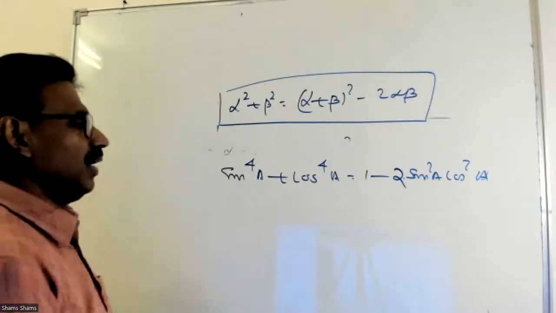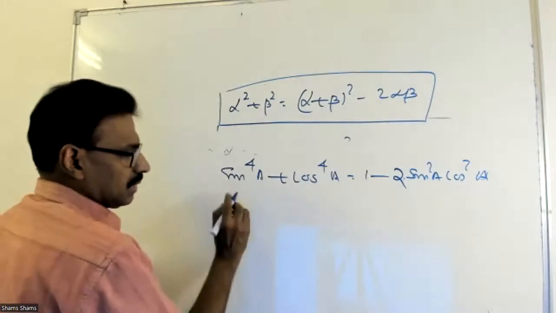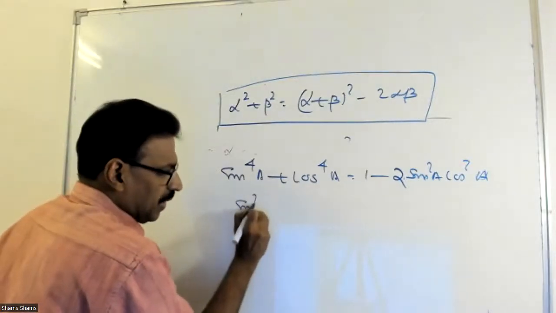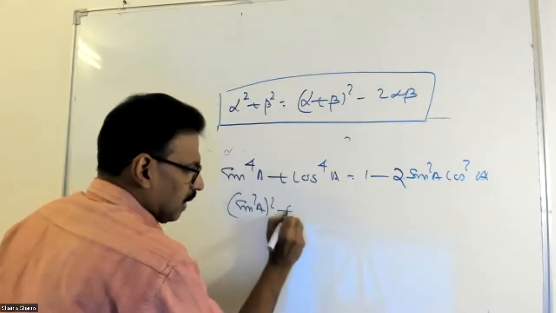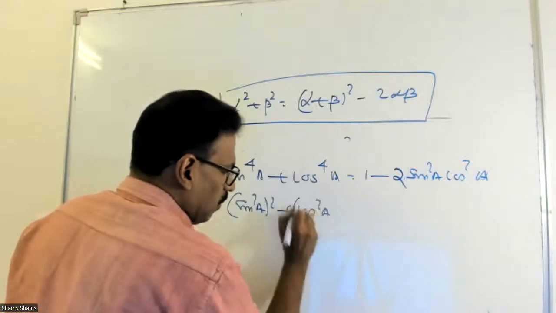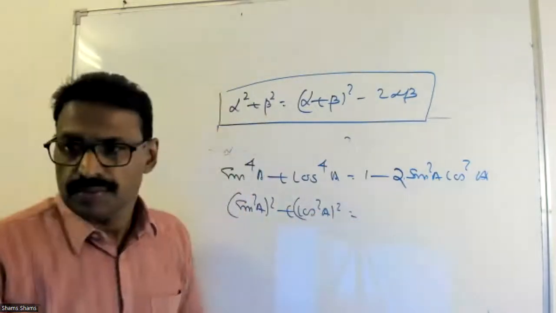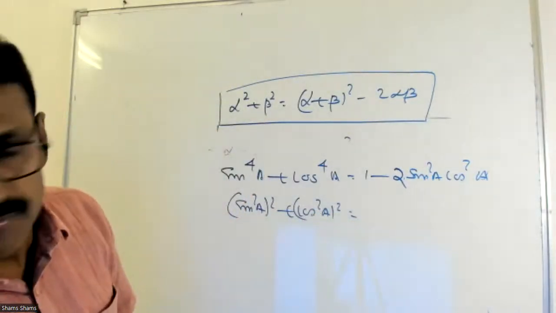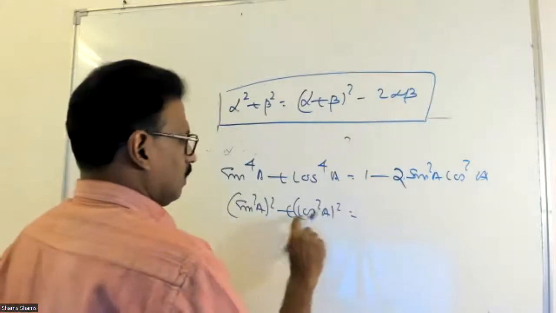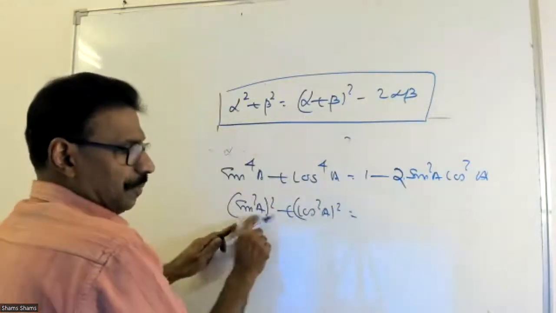So look at here, this one. Sine square A whole square plus cos square A whole square. That is alpha square plus beta square.